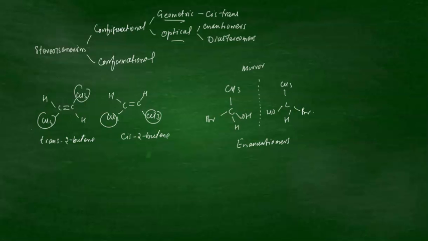And as far as conformational isomers are concerned, they are formed as a result of rotation across the carbon-carbon single bond. Here we have an ethane molecule, and we try to rotate one of the methyl groups across the single bond, and we get a structure like this.